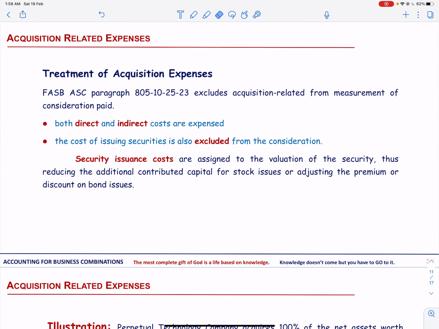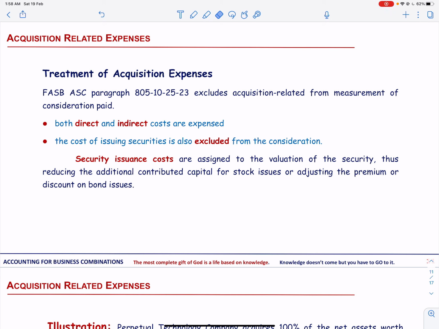FASB has excluded the acquisition related cost from the measurement of the consideration paid, as such costs are not part of the fair value of the acquiree and are not assets. Both direct and indirect costs are expensed, and the cost of issuing securities is also excluded from the consideration and accounted for separately from the business combination accounting.